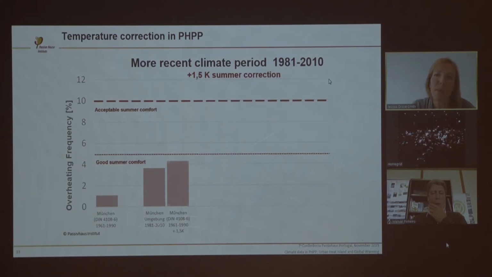We can mimic this effect by using our climate data tool that I presented on my previous slide, by using the old climate data and just adding 1.5 degrees as a summer correction factor. And we get very similar results, in the range of 4% overheating frequency.